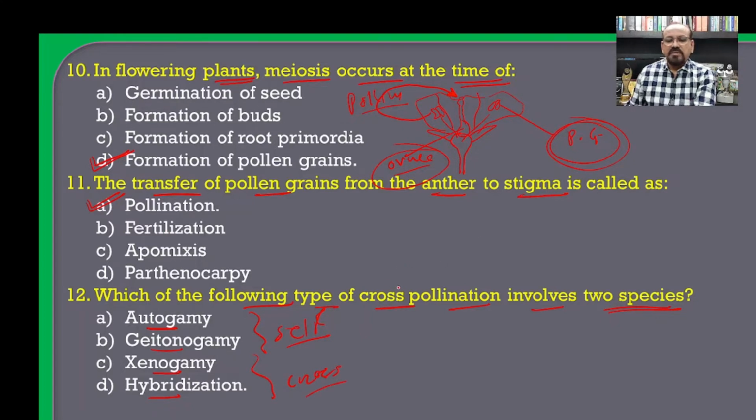Since it asks about cross-pollination, we have to choose from cross-pollination, and the other thing given is that it involves two species. If the same species is involved in cross-pollination, it is known as xenogamy, and when two species are involved in cross-pollination, it is hybridization. So the answer now becomes D, as here there is involvement of two species.